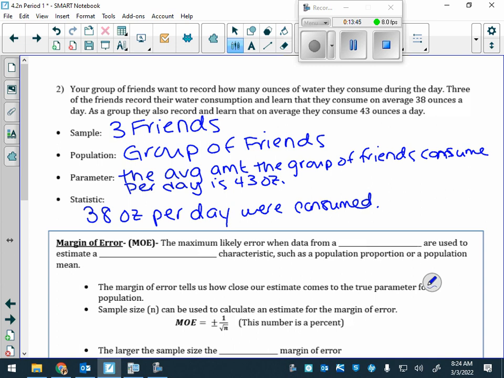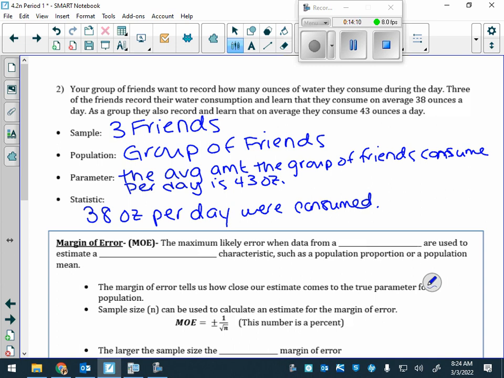For some cases, you're going to see both, right? So if you say just 43 ounces and 38 ounces, what are we talking about, right? However, for me and for you guys, I think some sort of explanation makes sense. Instead of just saying 43 ounces, what are you talking about? You know what I mean?